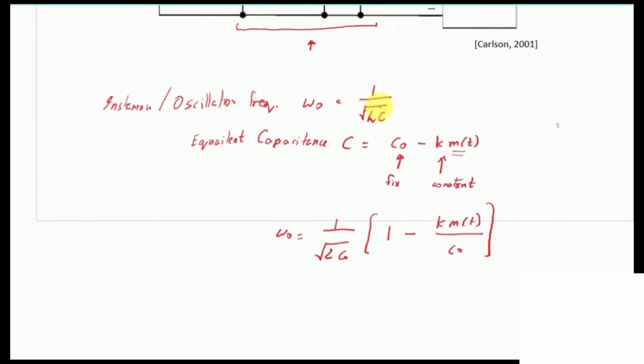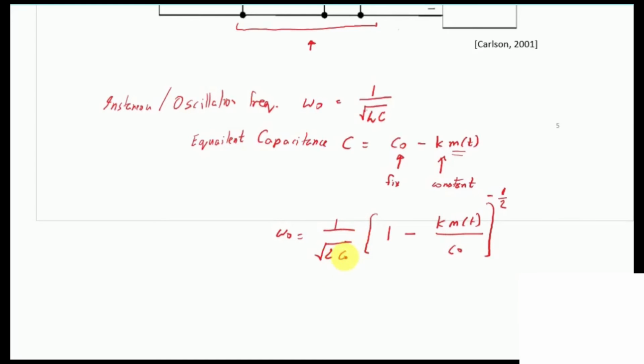Note that we have extracted out the C naught, so this would be simply C naught by C naught, which is 1 here, and K m(t) by C naught, and to cover for the square root we would have a power of 1 by 2, and since it was in the denominator, we would have a minus sign here.